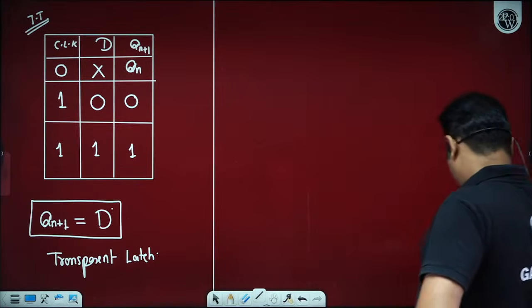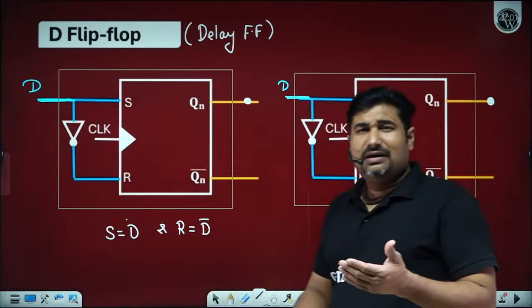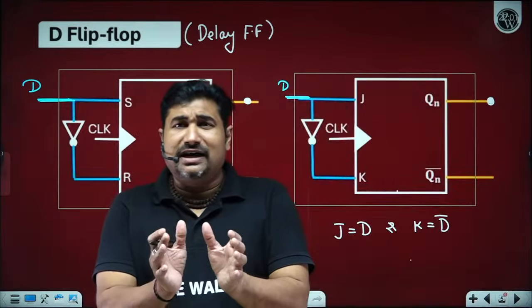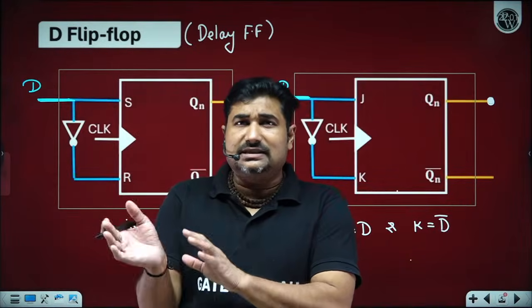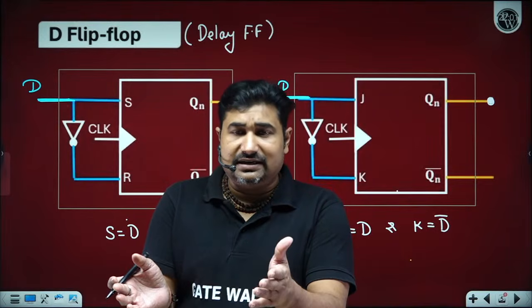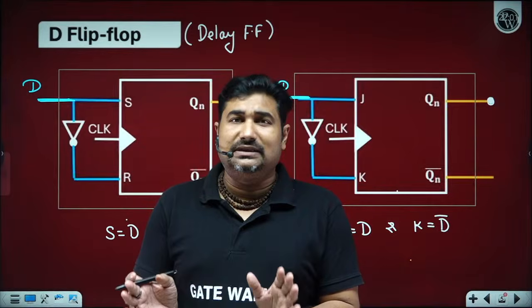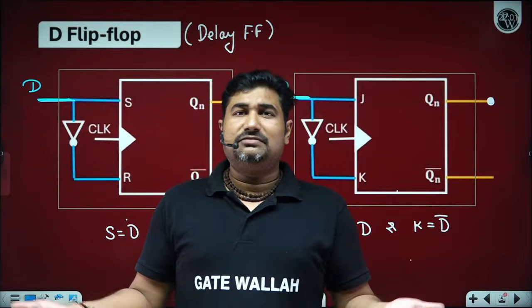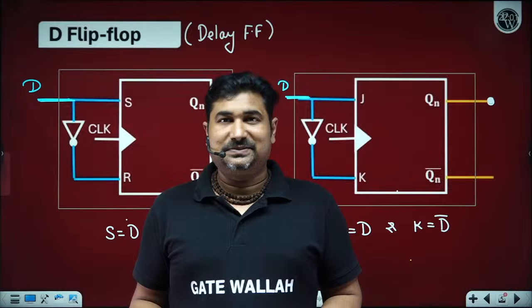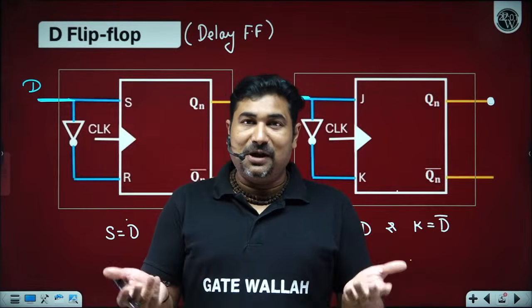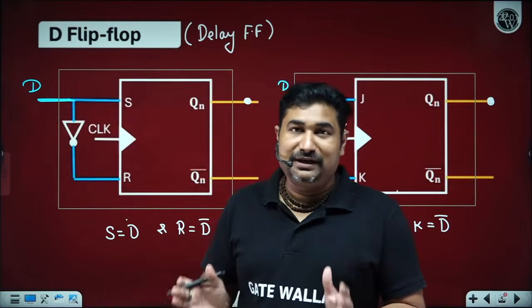So if you just observe, from the starting of the class at 9 o'clock, now it is 10 o'clock. I have only discussed one thing, the truth table of JK flip-flop. Is it okay? That is all we have been able to learn so far.